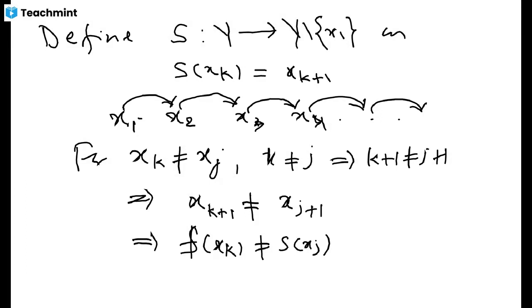Why is it onto? Let us take some x in Y minus {x1}, or even, let's not establish that it's an onto function. We don't require it.